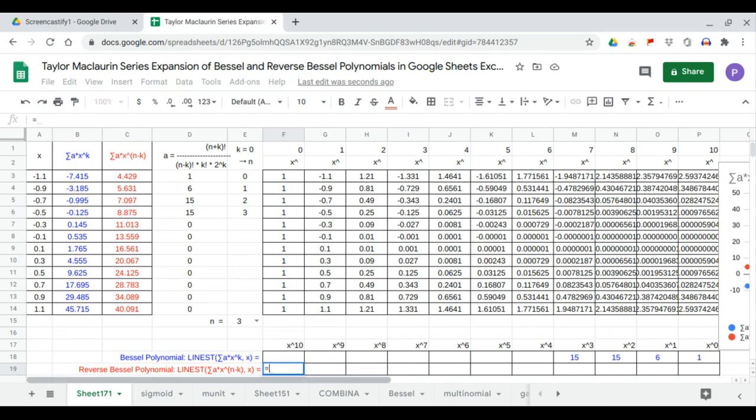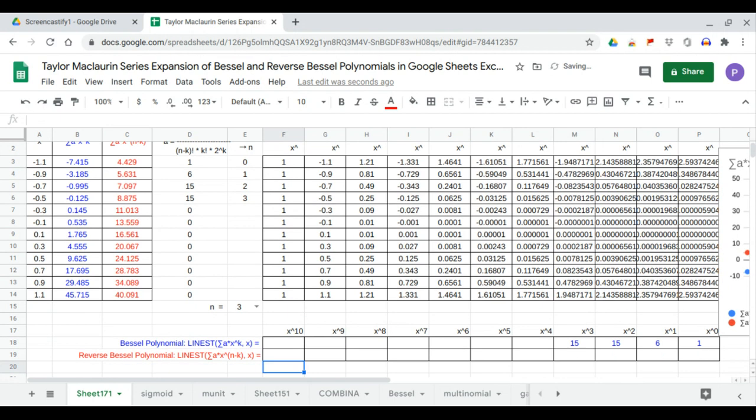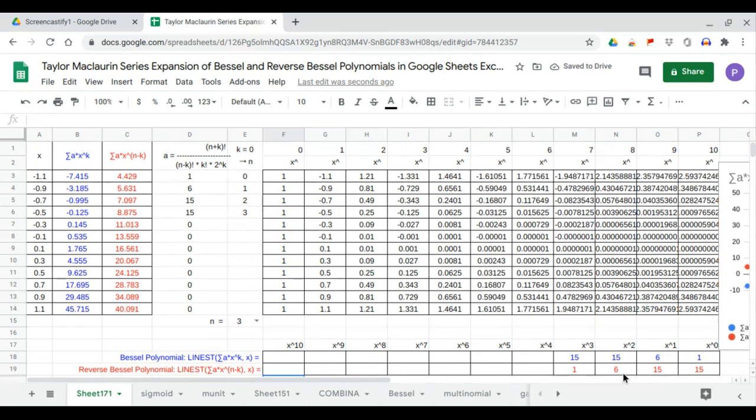And the LINEST for the reverse Bessel, data y, and data x. So our reverse Bessel will be 1, 6, 15, 15, which is the reverse of this part.